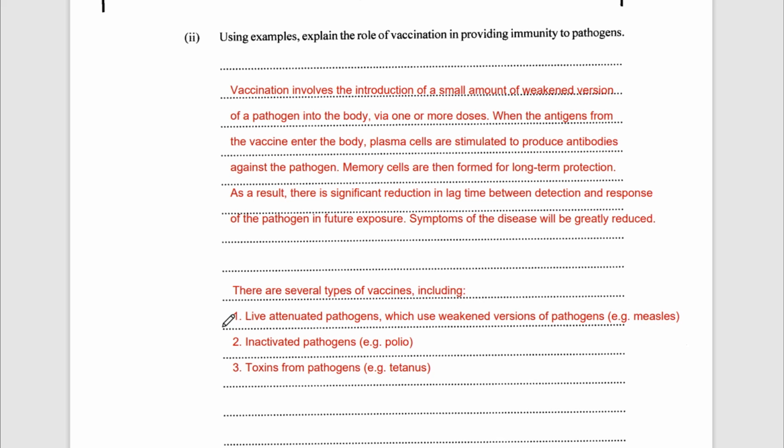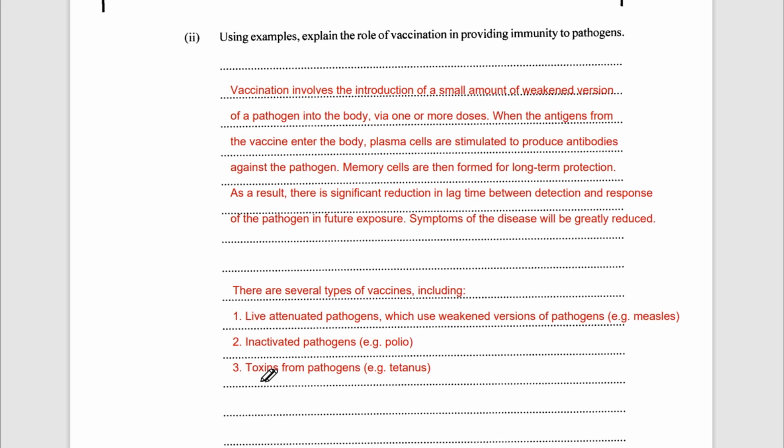There are several types of vaccines, and I'll list 3 here. You have live attenuated pathogens, which are just weakened versions. An example would be measles, and the Sinopharm COVID vaccine was that too. You have inactivated pathogens, which are the pathogens but basically dead, and an example would be polio.